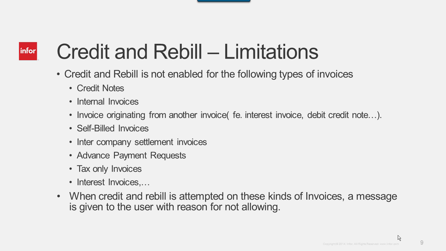When a credit and rebate is attempted on these kinds of invoices, then the user is informed that the credit and rebate is not possible for this kind of invoices.